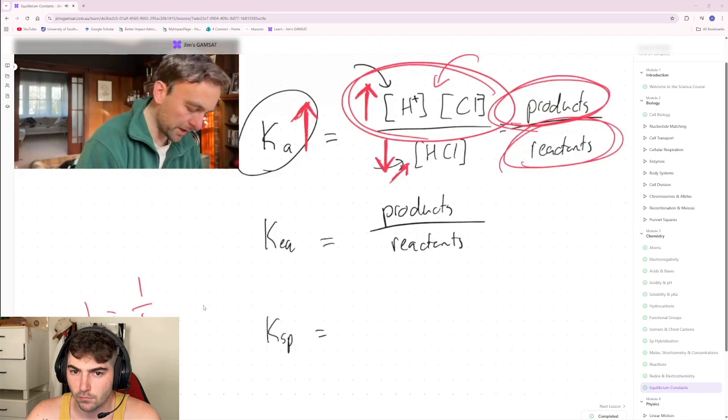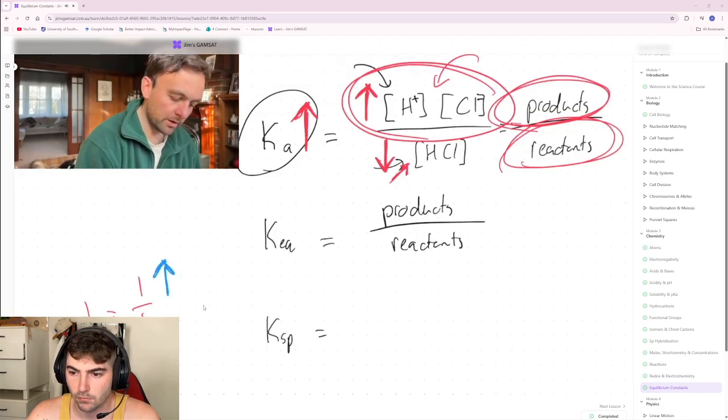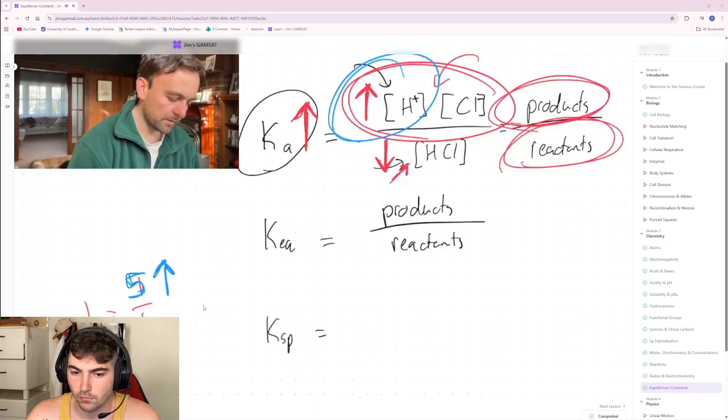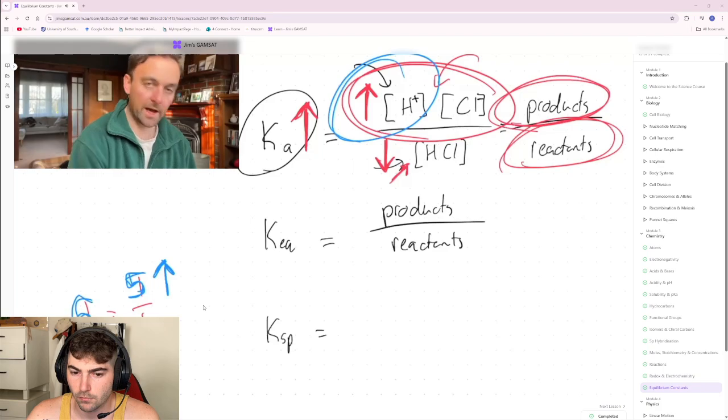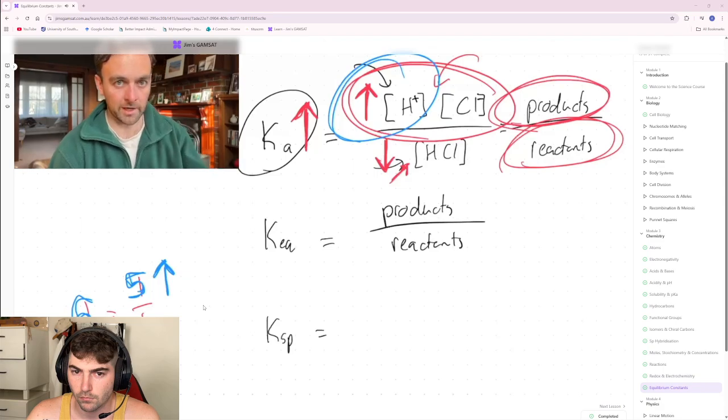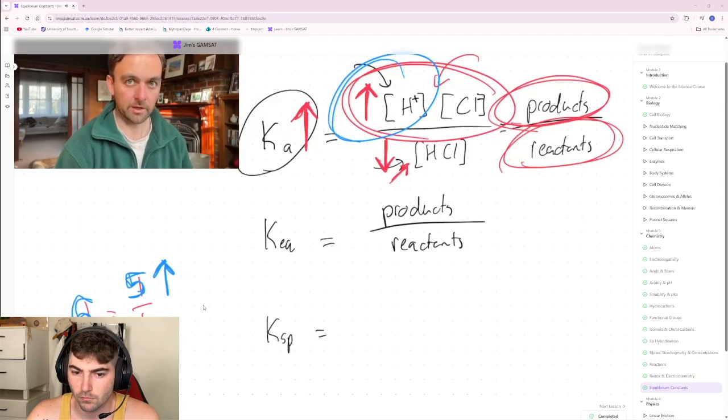Now, if I drive that up, like what we've done here with our products, let's say I drive that up to 5, that's obviously going to increase my Ka. So if I increase my numerator, this is a bit of that proportionality that I talked about in the maths course, that's going to increase my value.